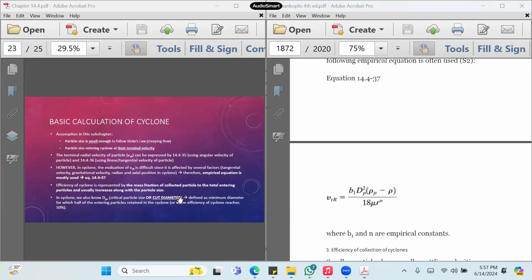However, here the DPC is defined as the diameter at which half of the entering particles are retained in the cyclone, or when the efficiency of the cyclone reaches 50%. So when the efficiency of the cyclone reaches 50%, that's the critical diameter, what we call the DPC.